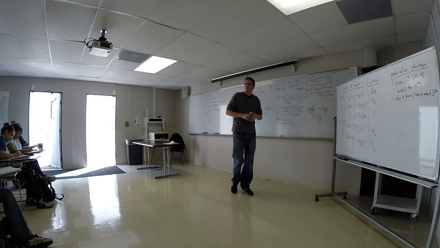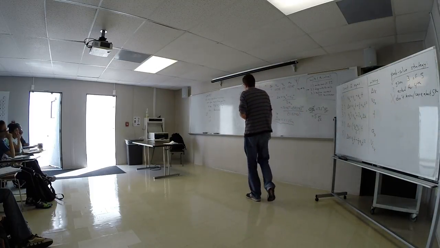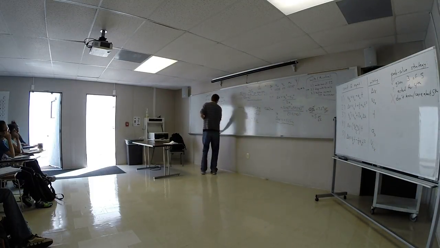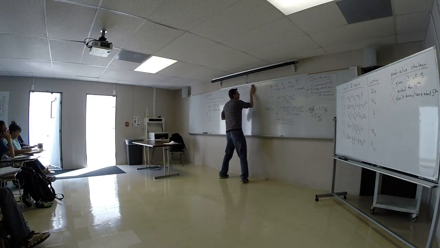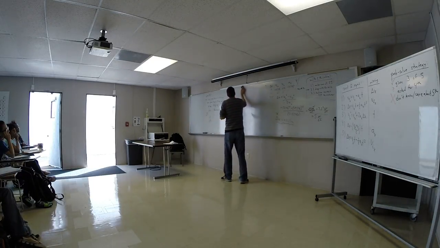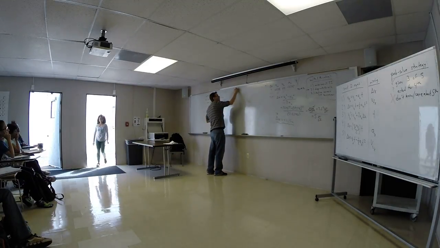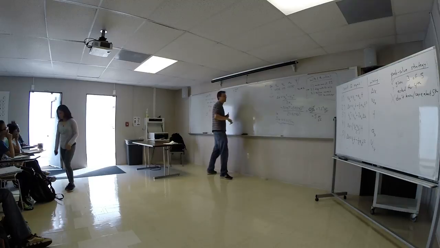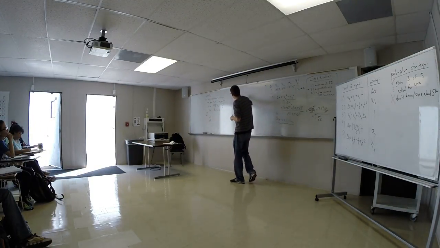Downward can be notated, of course, in a number of ways. Let me give you some examples. This comes back to our discussion earlier. If you choose the plus y direction to be this way, then downward would be negative.